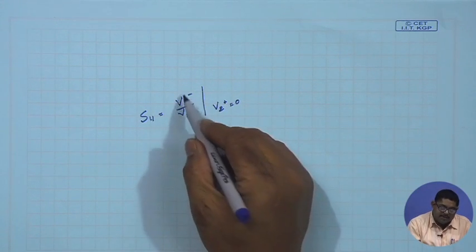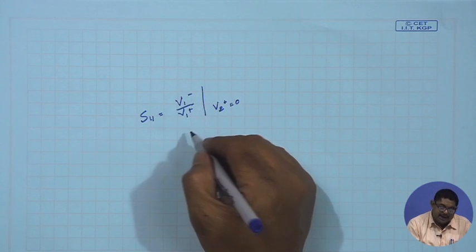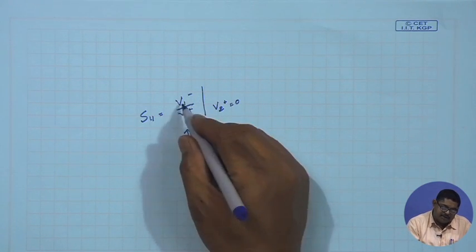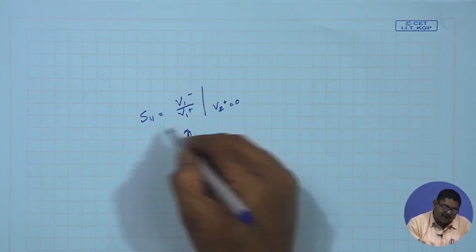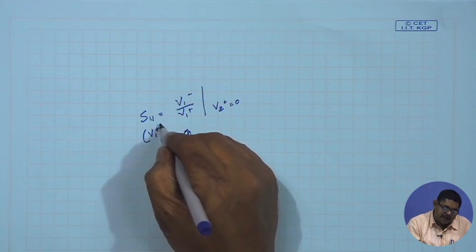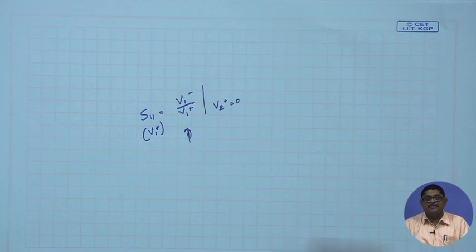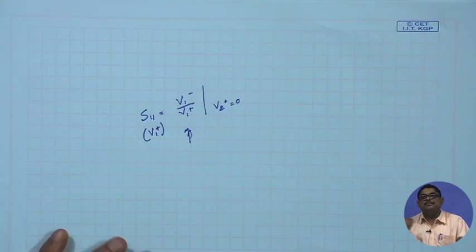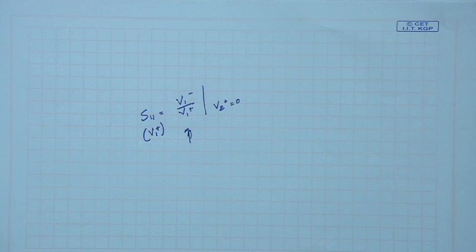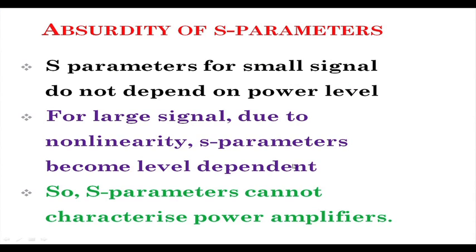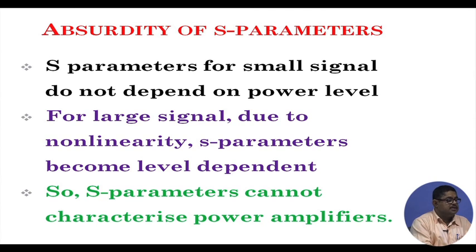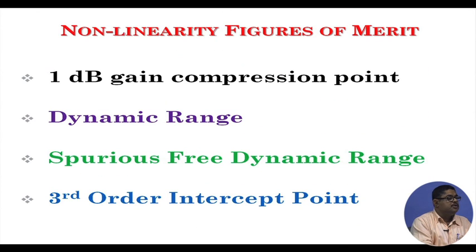Now, this is a ratio, but if it is a function of, let us say, V1 plus, then it is very difficult to have these parameters, because for every level I will have to define these. That is why for large signal people do not use S parameters to characterize power amplifiers or any block which is using large signal levels. So, what will we do?